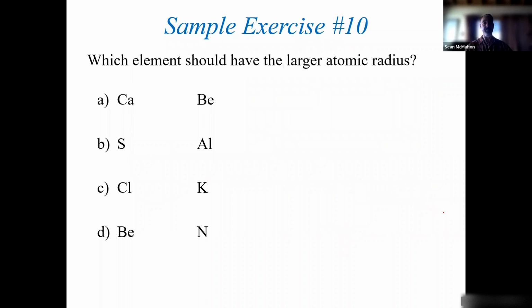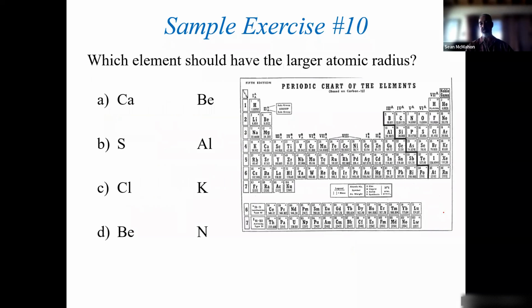So for sample exercise 10, which element is bigger? Well, let's use a periodic table, right? And if I'm comparing calcium with beryllium, they're both in the same group, 2A. So they have the same number of valence electrons, 2, right?